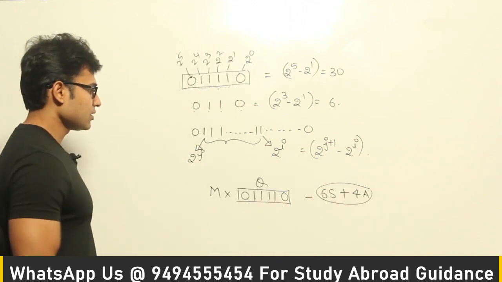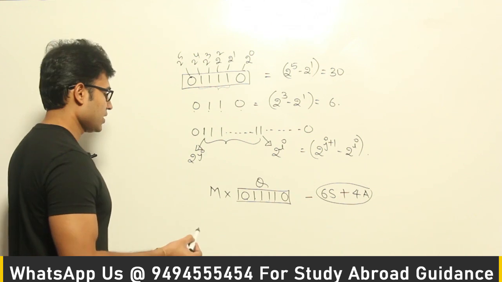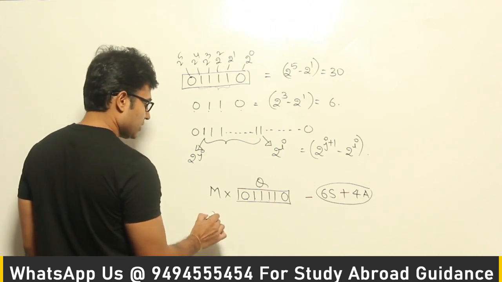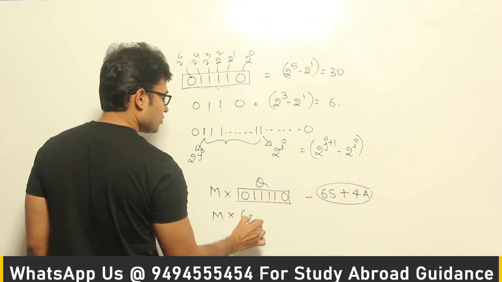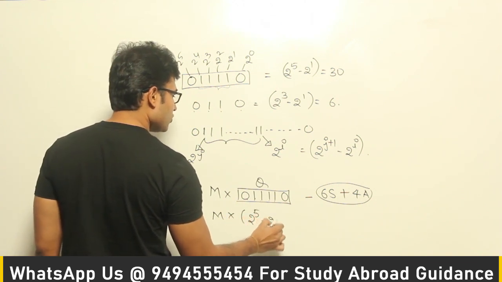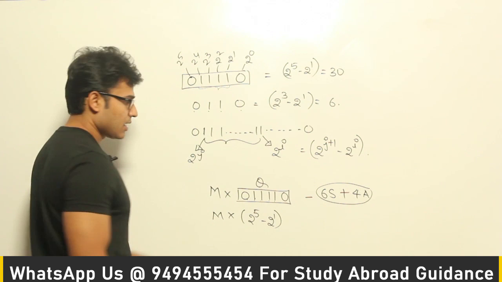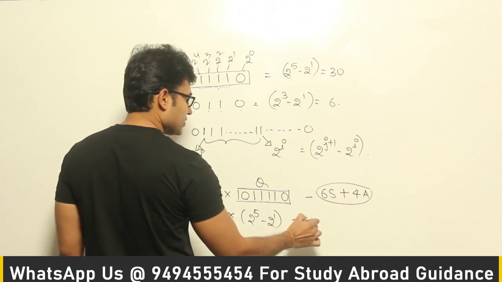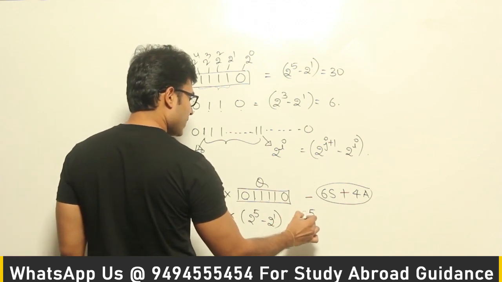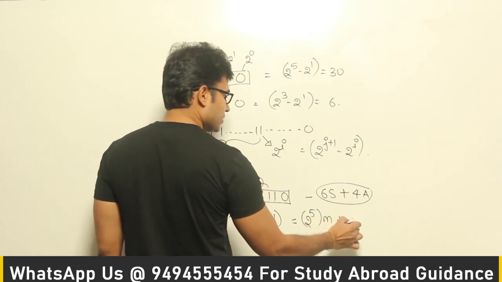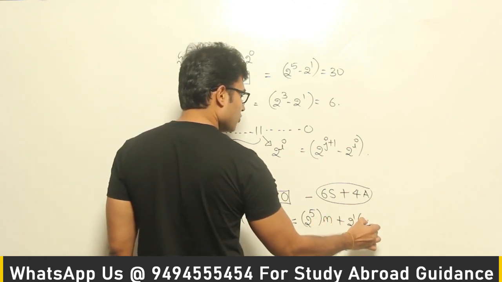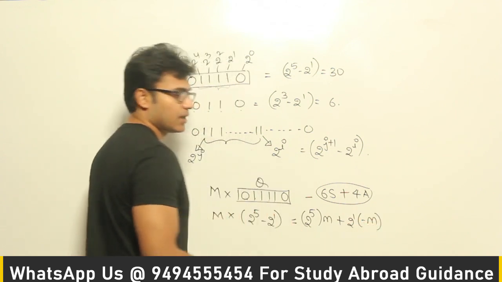Now if you use Booth's algorithm, we are going to write this number as I have shown you here, as 2 power 5 minus 2 power 1. And therefore I can write this as 2 power 5 into m plus 2 power 1 into minus m, right?